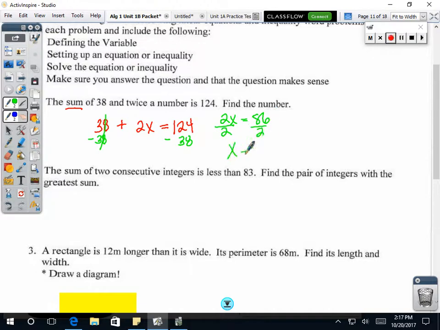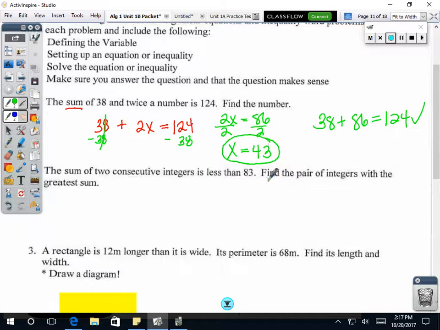And so x equals 43. Let's make sure that makes sense. The sum of 38 and twice the number. Well, what's twice our number? Our number is 43. What's twice that? Does that really sum up to 124? Yes, so that means our number is correct.